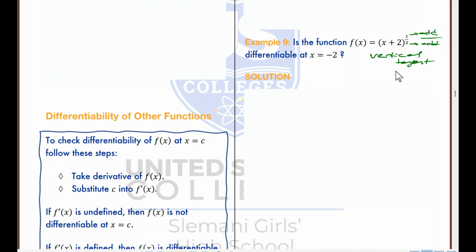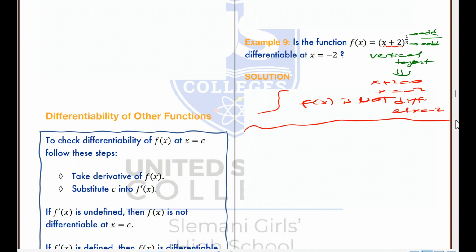Whenever you have a vertical tangent, it's not differentiable at that point. What is the point that makes it a vertical tangent? What makes the base 0? x plus 2 equals 0, so x is negative 2. So there is a vertical tangent at x equals negative 2. F of x is not differentiable at x equals minus 2 because we have a vertical tangent. The graph is something like that.